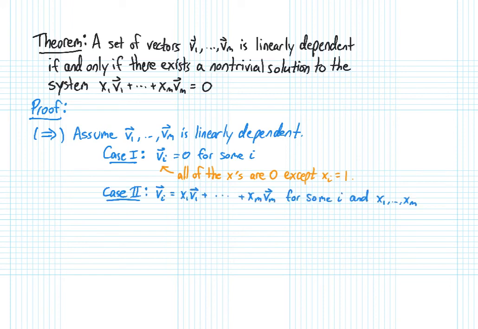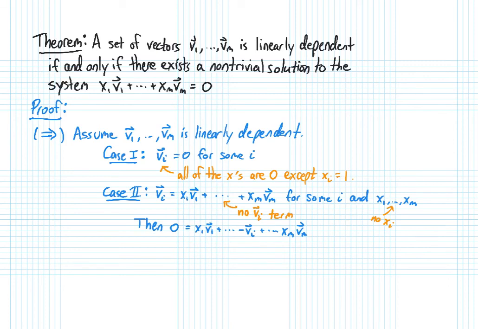So the second way that the vectors could be linearly dependent is if one of the vectors could be written as a linear combination of the others. So if that one vector is vi, then we have an equation that vi is a linear combination of the other vectors. An important point here is that the right side of the equation doesn't have the vi in it because we're only using the other vectors. And accordingly, there is no xi coefficient. But now, if we move the vi to the right-hand side, then we get a 0 on the left.